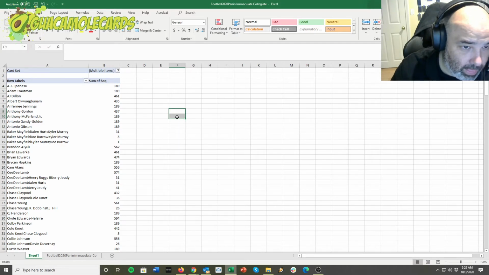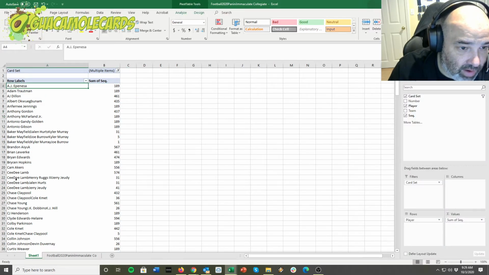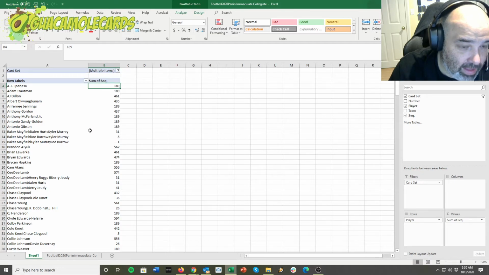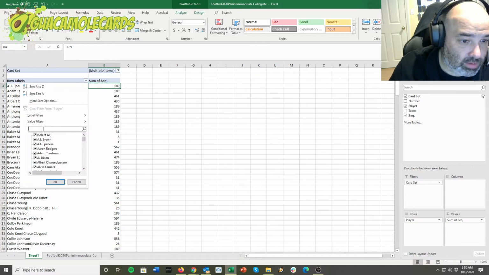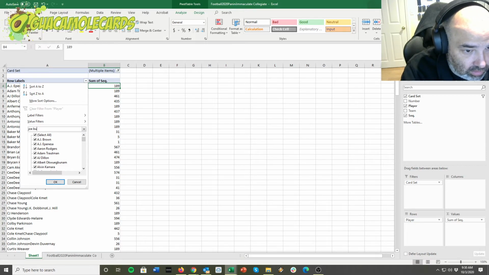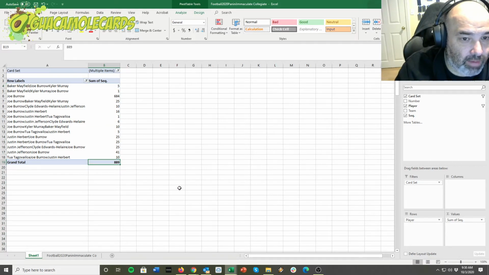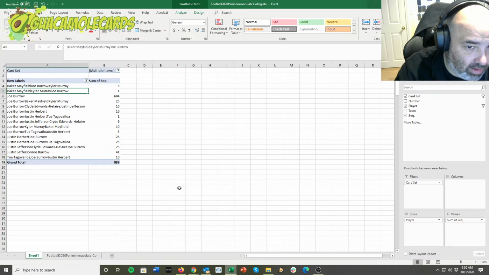So this is the cards that exist for every individual player. But let's say we're specifically looking for autographs. I've already filtered this, so this is just autographs that exist in this set. Let's say we're looking for Joe Burrow. There are 889 cards in Immaculate Collegiate that have Joe Burrow's autograph on them, and 684 that only have Joe Burrow's autograph and aren't a multiple auto card.